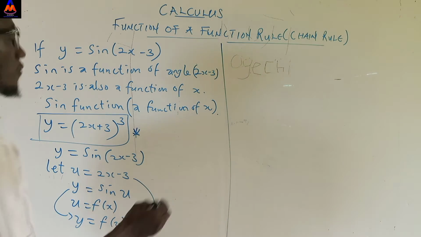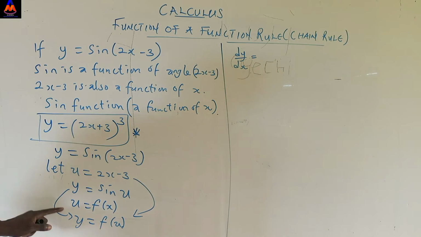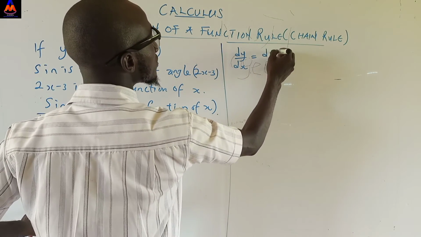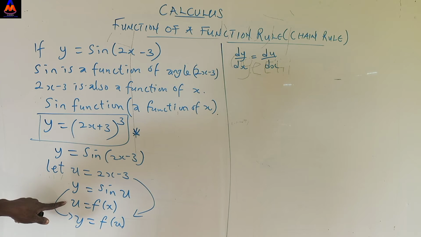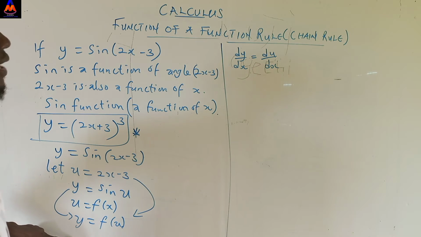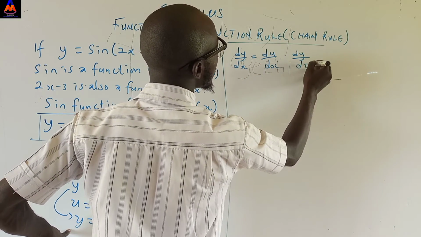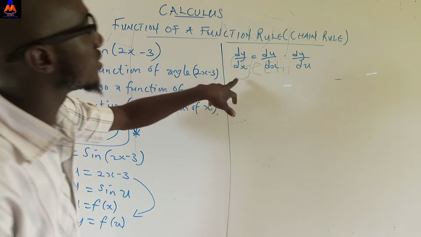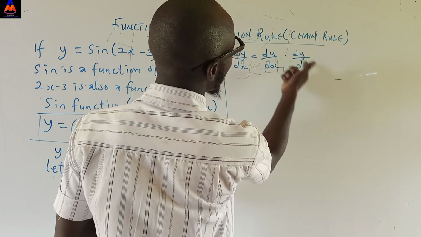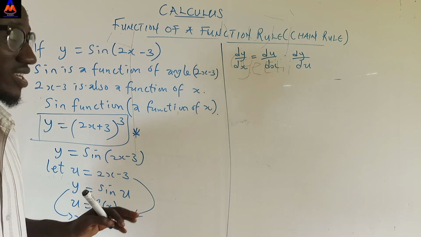The composition of the two functions, then, is going to be the combination of these two functions: u of x, and the other one, y of u. The combination of these two functions will give us y of x. Of course, when you cancel this out, you will see y of x as the function we are looking for. It's not very hard.